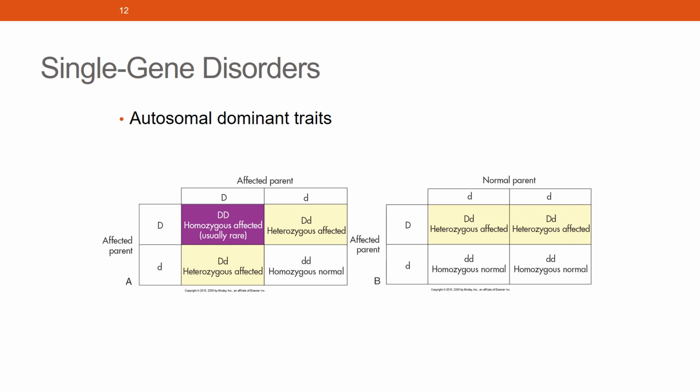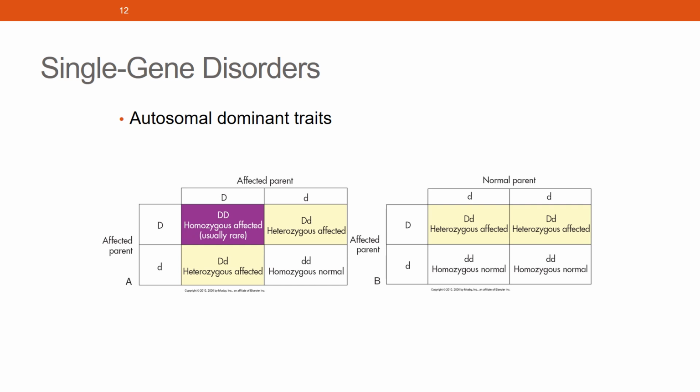However, if the affected parent donates the diseased gene, it will connect with the normal gene from the unaffected parent, and we will still have a heterozygous offspring.